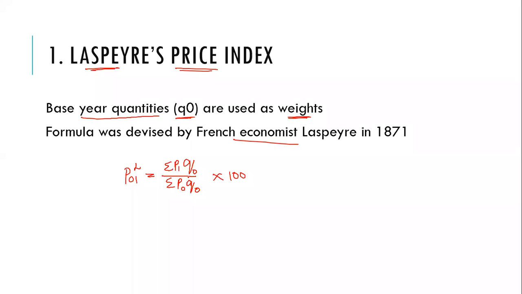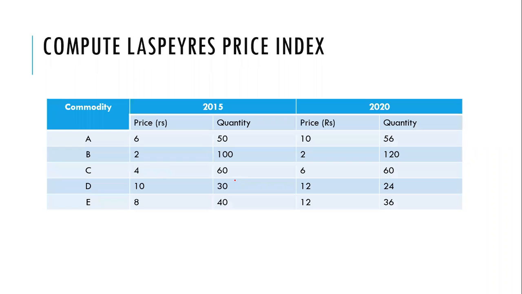So we multiply both base and current year prices with the quantity, and multiply by 100. So the formula for Laspeyres price index is P01 under Laspeyres, L, equal to summation P1 Q0 divided by summation P0 Q0 into 100.